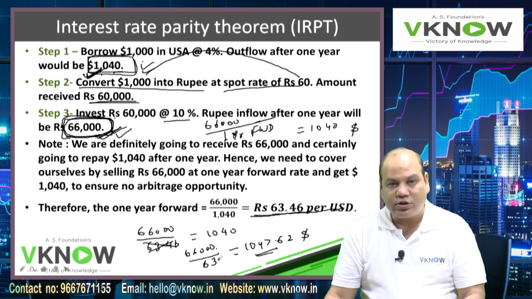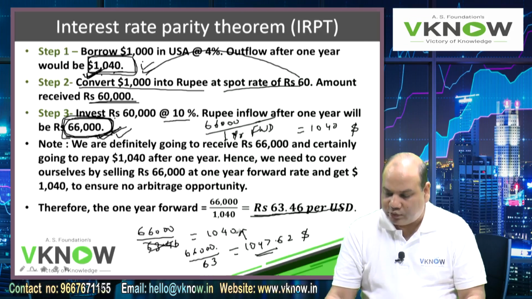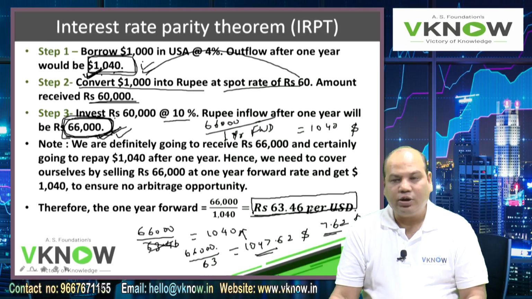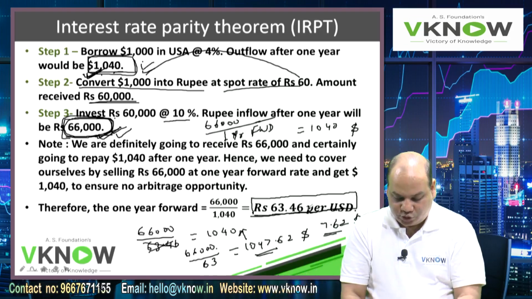You will convert 66,000 rupees at the rate of 63, you will get $1,047.62, and then you will repay your dollar borrowing of 1040, and your arbitrage profit will be $7.62. So if the 1 year forward rate quoted by the bank is below this, the arbitrage opportunity will arise.